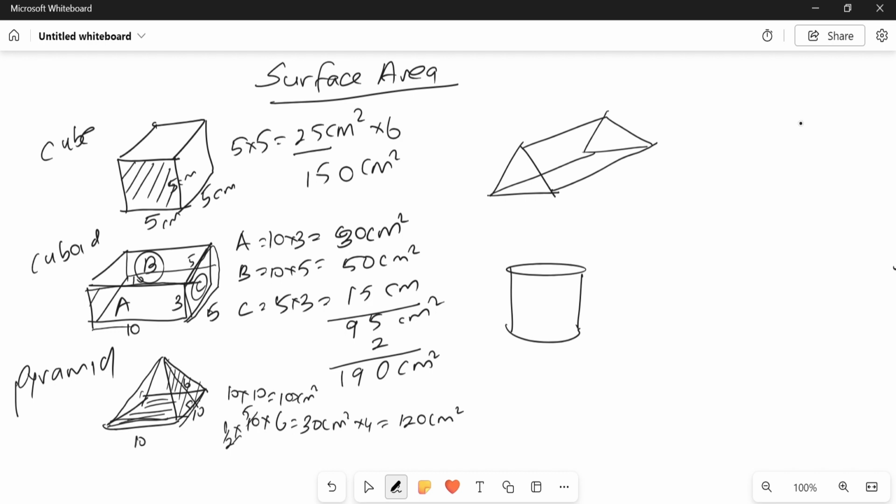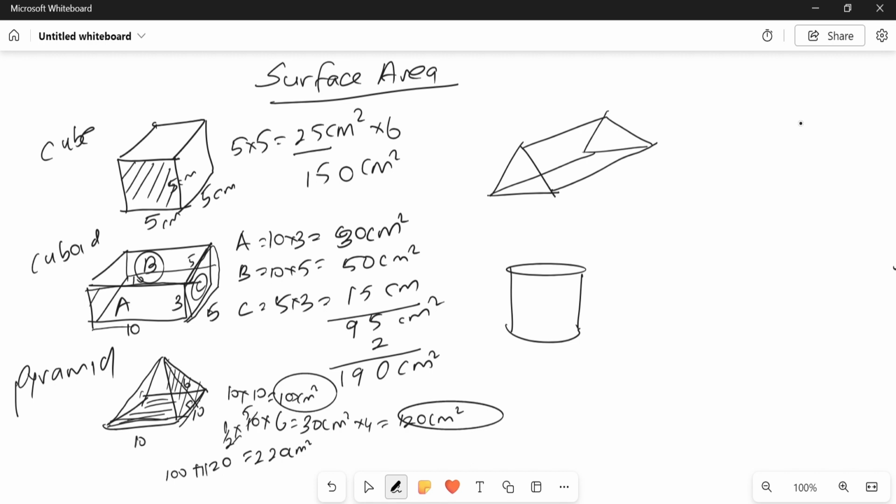So if you cover the full area, 4 triangles are 120 centimeters squared, base is 100 centimeters squared, total surface area is 100 plus 120, 220 centimeters squared.